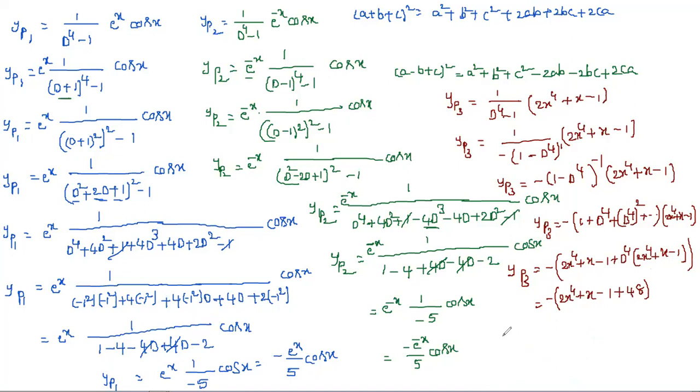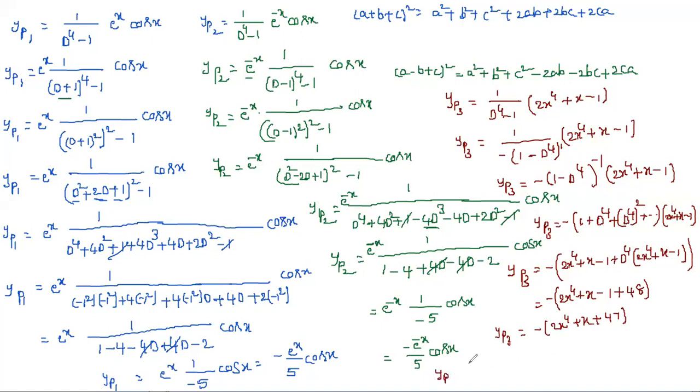So yp3 is equal to minus of (2x power 4 plus x, 48 minus 1, that is 47). This is yp3. Now we need to substitute all those things in yp.